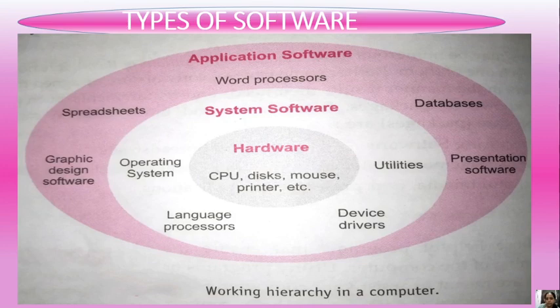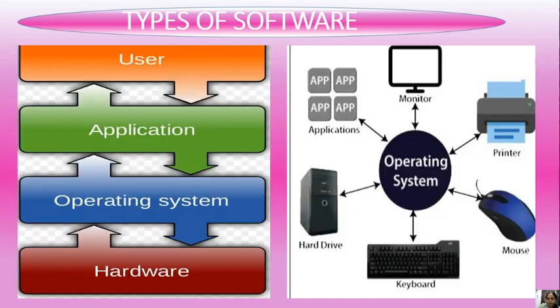Now here again you can see two images. Both are related to the operating system, and on the left side the image shows the same concept we discussed in the previous slide: at the bottom level you can see hardware.